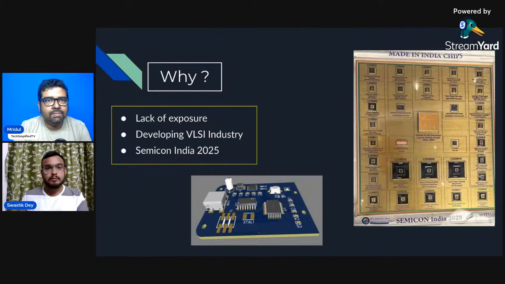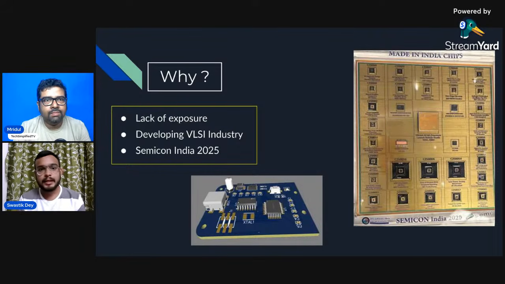So before we move on to why we should develop this board, let's look at some of the missing components that are present. There is a notion that everybody after completing their BTech usually tries to join an IT industry. I believe this is a wrong mindset that has somehow been infused in our minds.